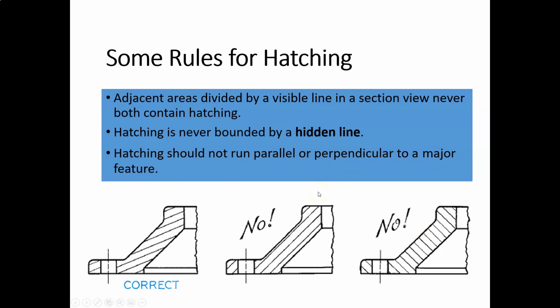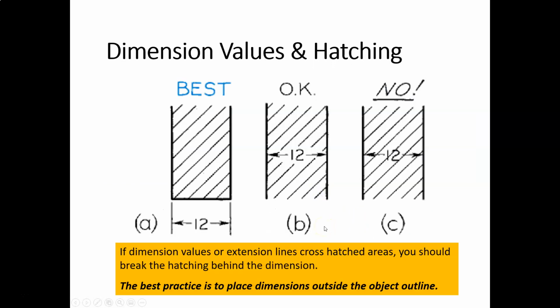Dimensioning. Oftentimes the purpose of section views is to display a detail so that we can dimension it in our drawings. Sometimes the best way to dimension a section view is obviously to pull the dimension outside of the section lines. That's not always possible.